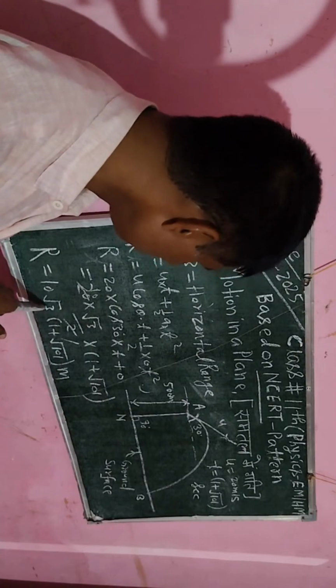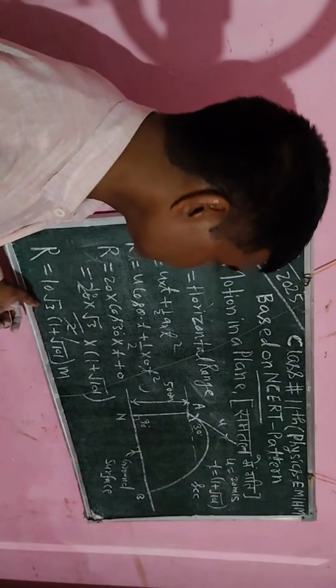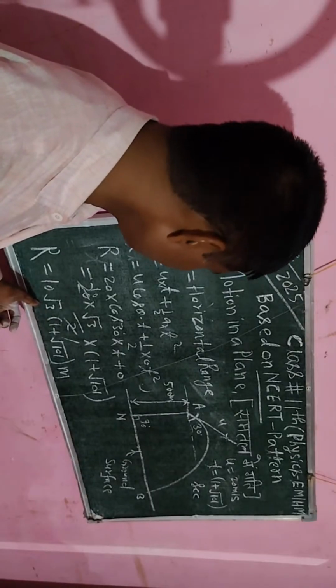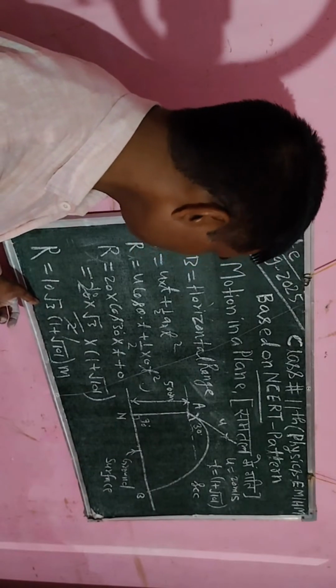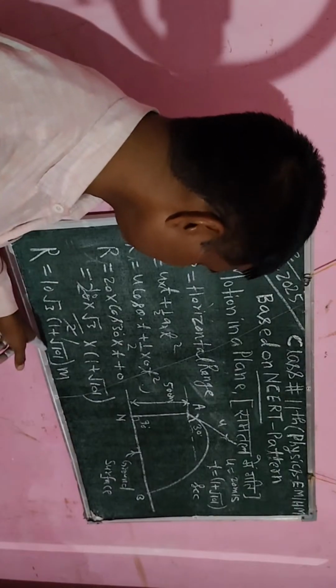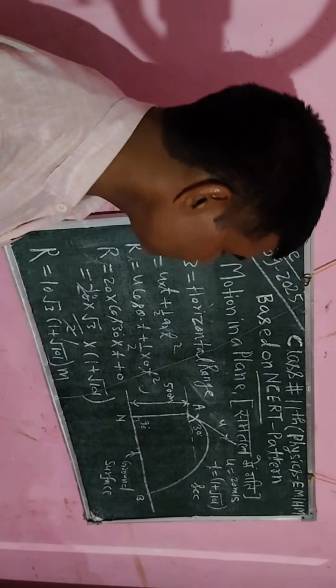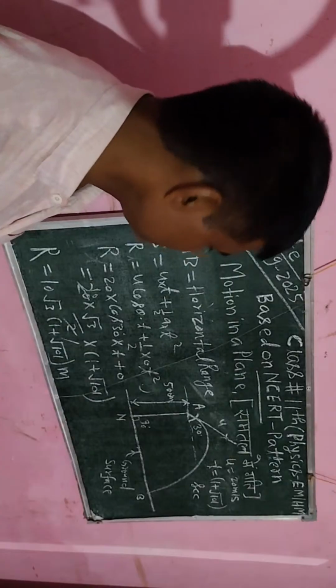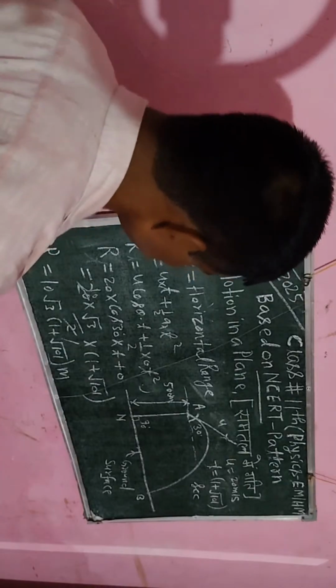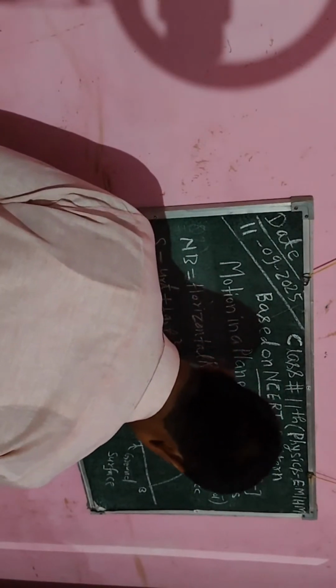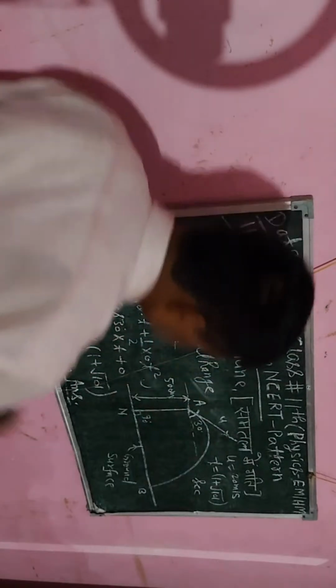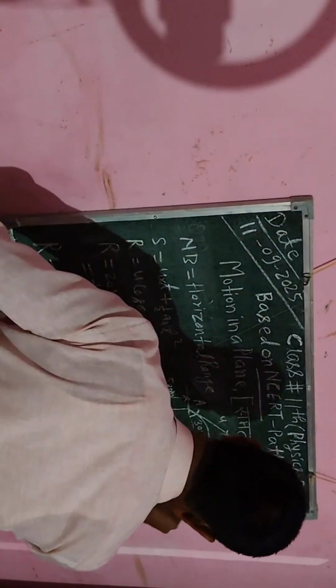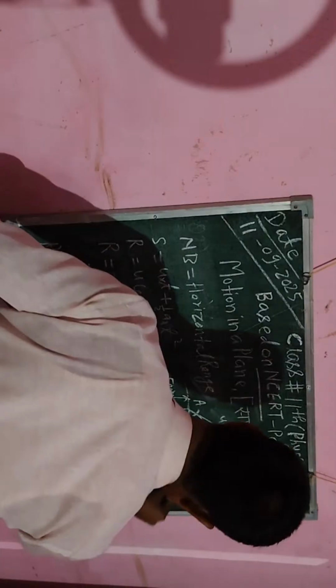In the place of root 3 I have to take its value, 1.732, and then I will calculate and get 10 point something. So this is one answer, and this is the second answer I have got.